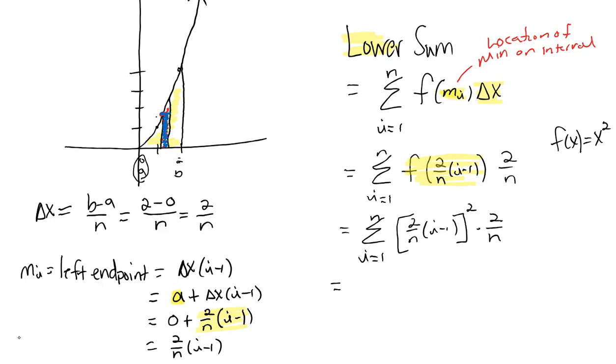From here, I'm just going to start using some algebra to simplify. Got sum i equals 1 to n. I'm going to apply the squared. That's going to be 4 over n squared times i minus 1 squared times 2 over n.